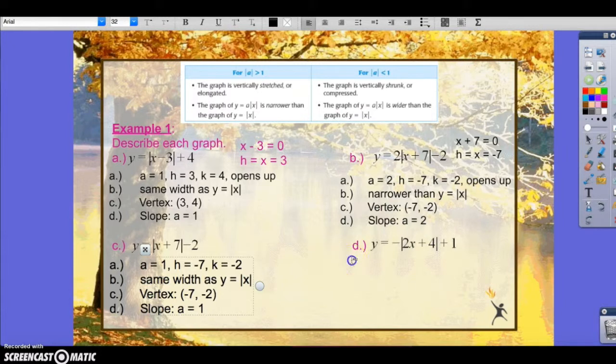Let's try the last one here. a is -1. Remember, it's -1 because there's no number in front except the sign. Now be careful with h. For h for this one, we have to set up, and I'll do it over here, 2x plus 4 equals 0.